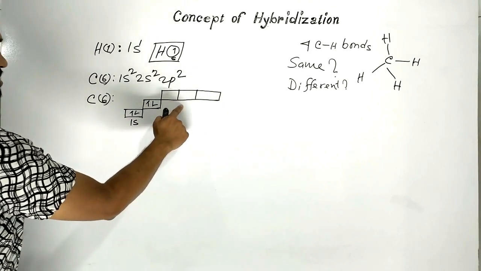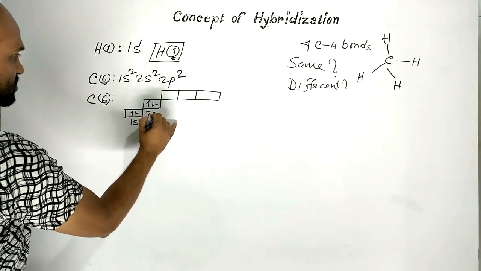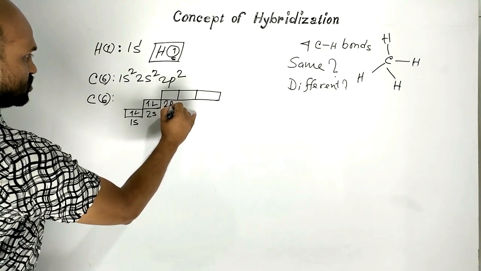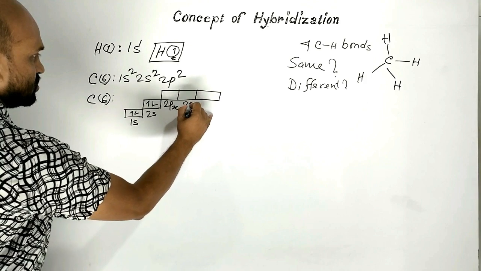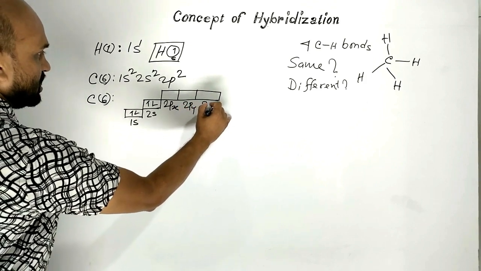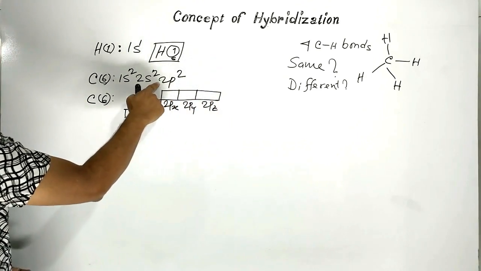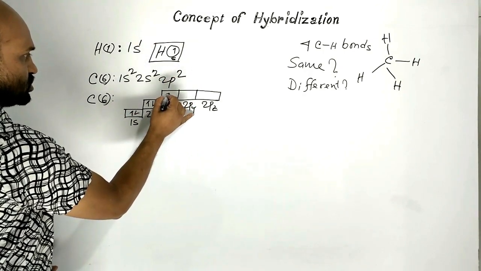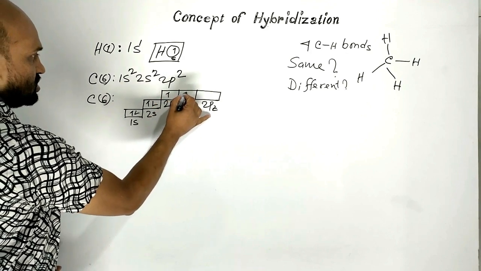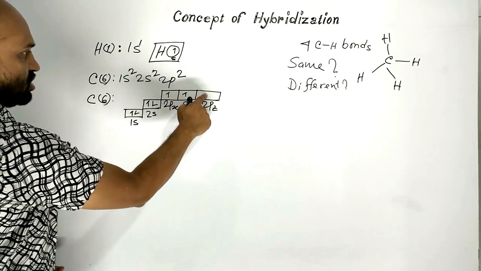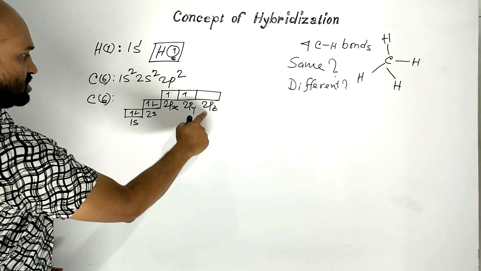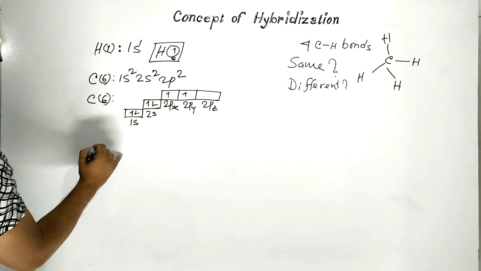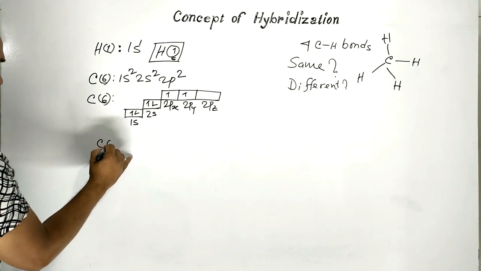There are 3 p orbitals: 2px, 2py, and 2pz. The p orbitals contain 2 electrons. According to Hund's rule, one electron each goes into two orbitals, and the pz orbital remains vacant at the ground state.